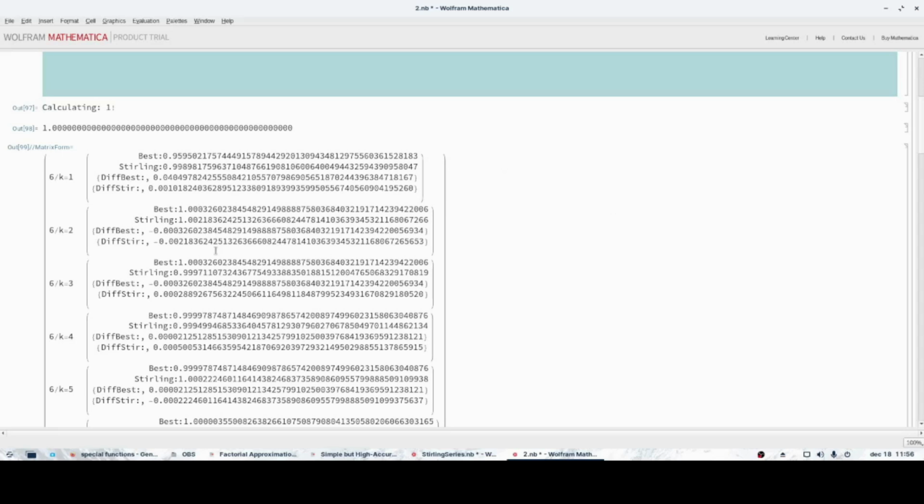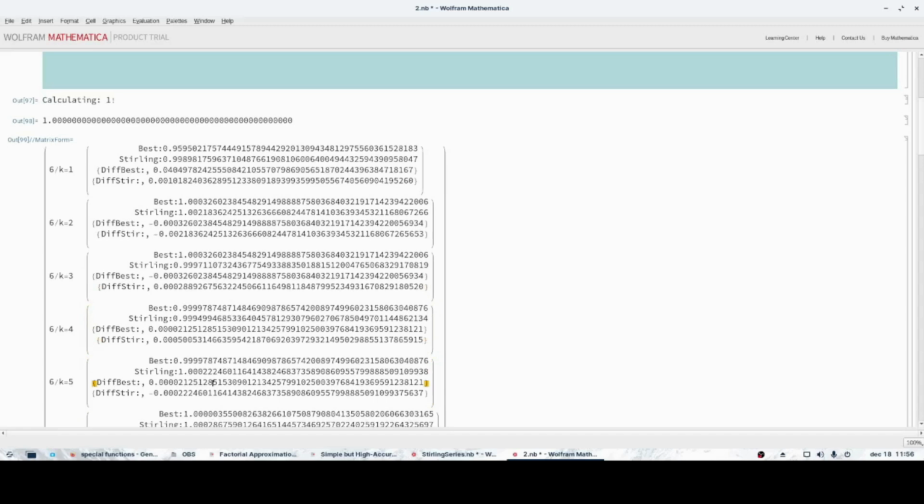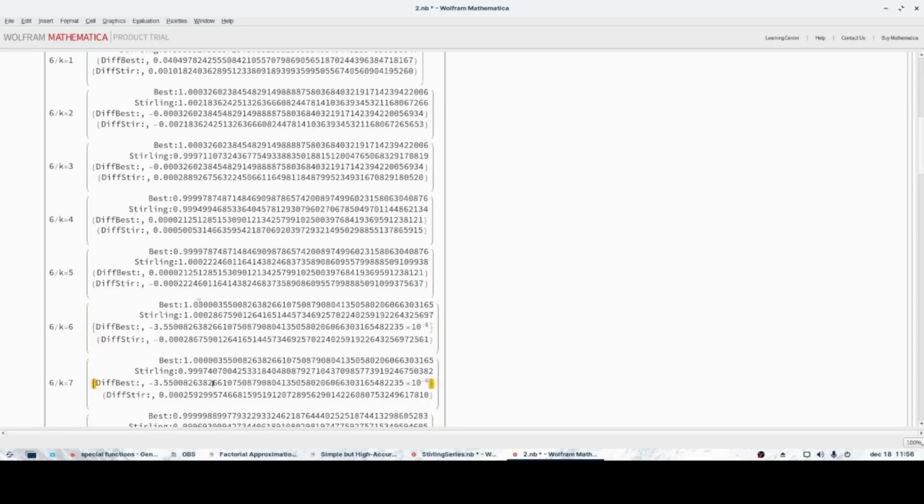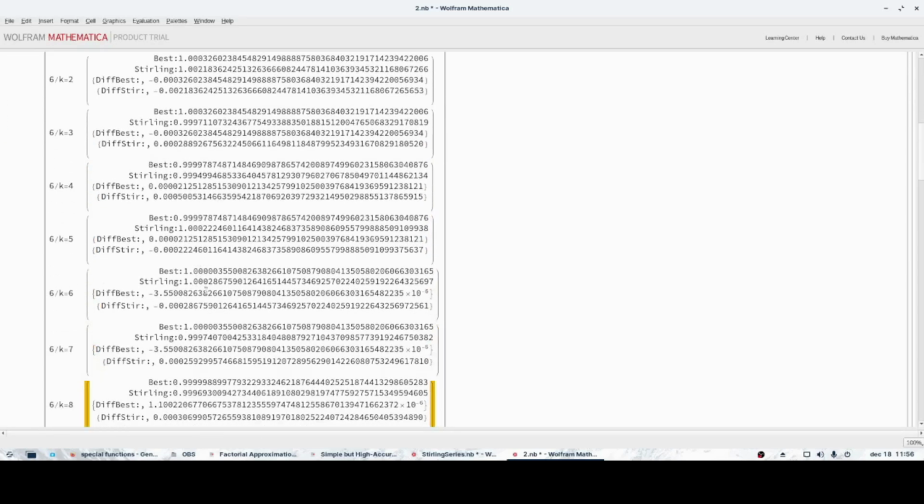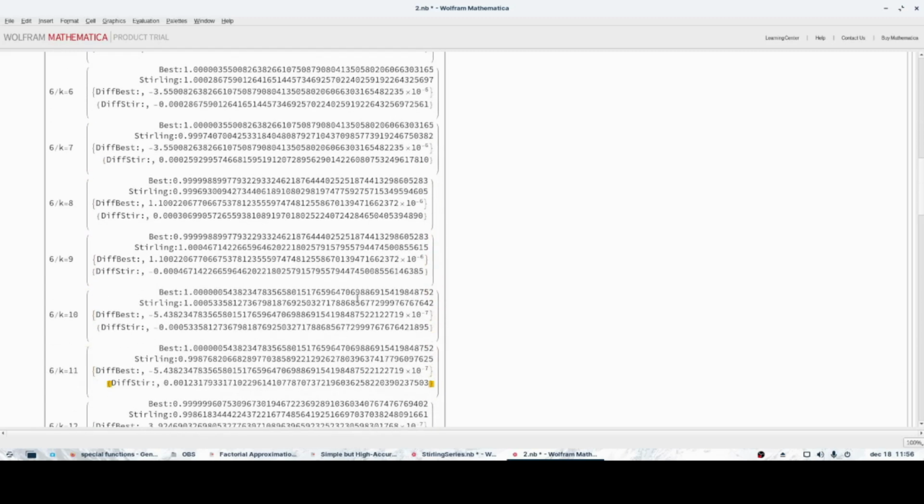Comparing these results in this list, it can be seen that for k equals 6, the Stirling formula is the best approximation of the number 1. Starting from 6, so on, 7, 8, it's getting worse.